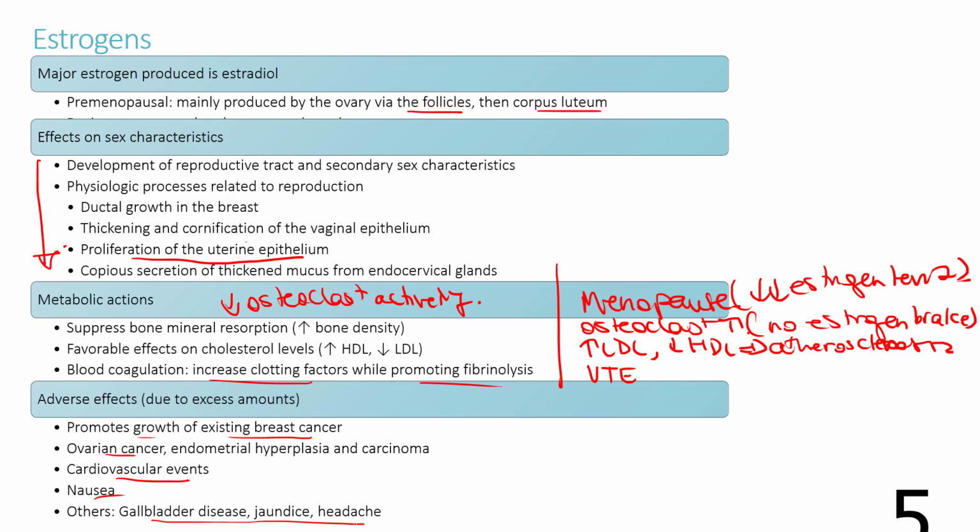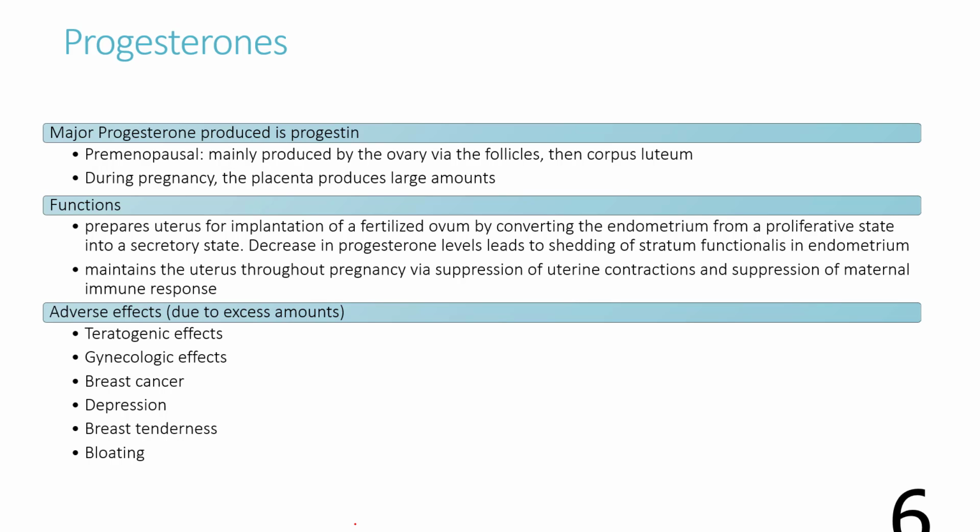So this one I've just put in here because you can see later on the effects of estrogen on women as it pertains to hormone replacement therapy or contraceptive use. This next slide gives you the same information, but this time on progesterone.